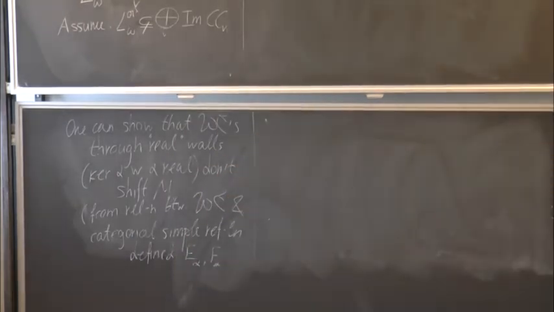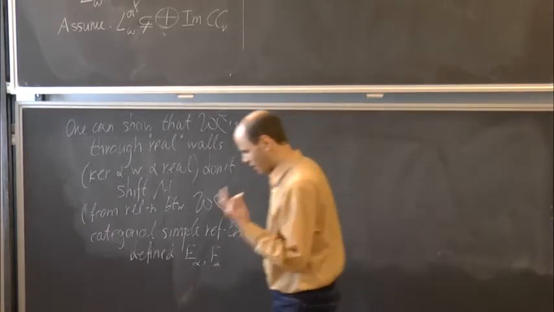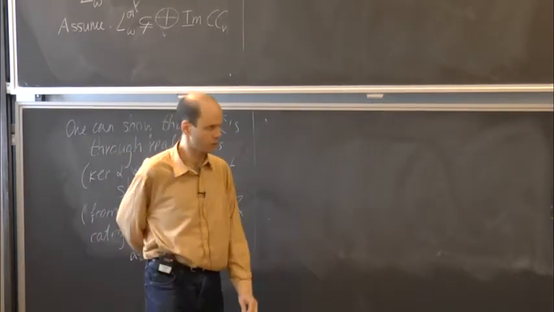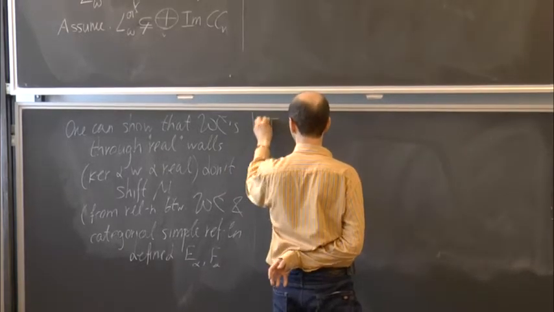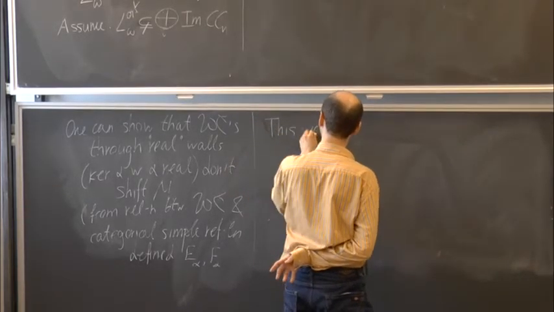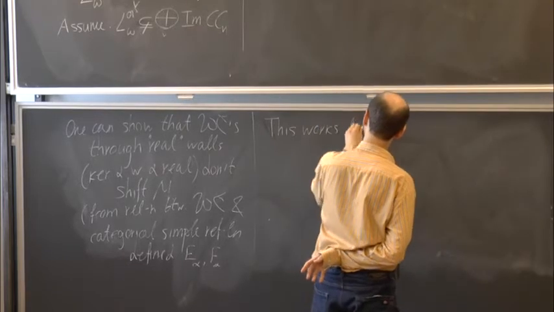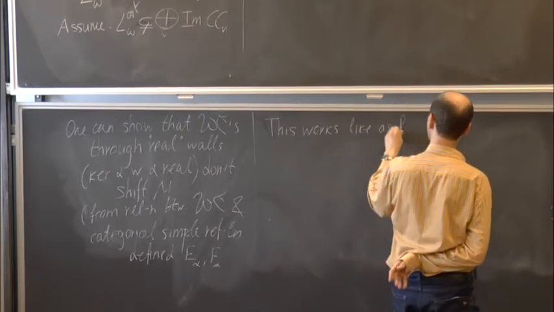And again, I don't want to go into an explanation of how this works, but I just want to relate this to the usual representation theory. So suppose that this works like as follows.